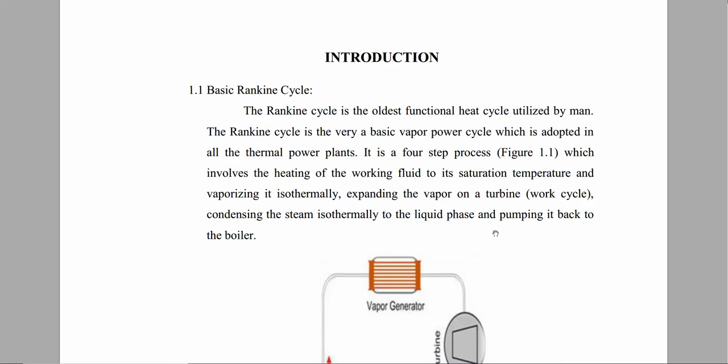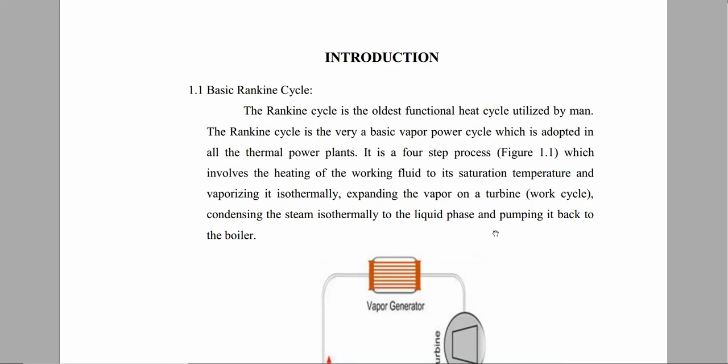First, we have the basic Rankine cycle. The Rankine cycle is the oldest functional heat cycle utilized by man. It is the very basic vapor cycle which is adopted in all thermal power plants.